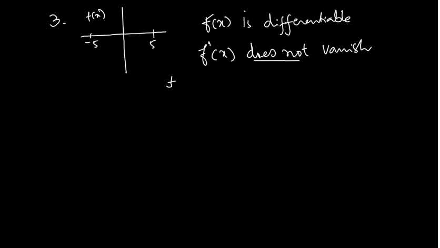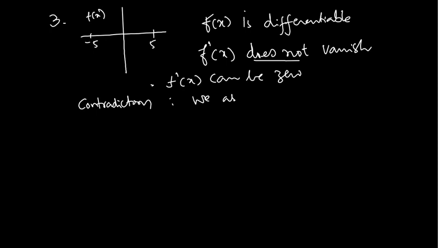We assume that f of minus 5 equal to f of 5. And since f dash x does not vanish, then there must be either a maximum or minimum.